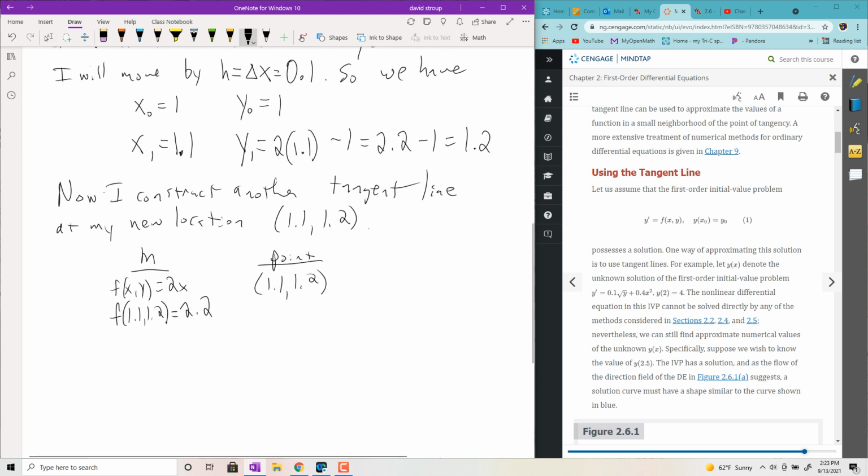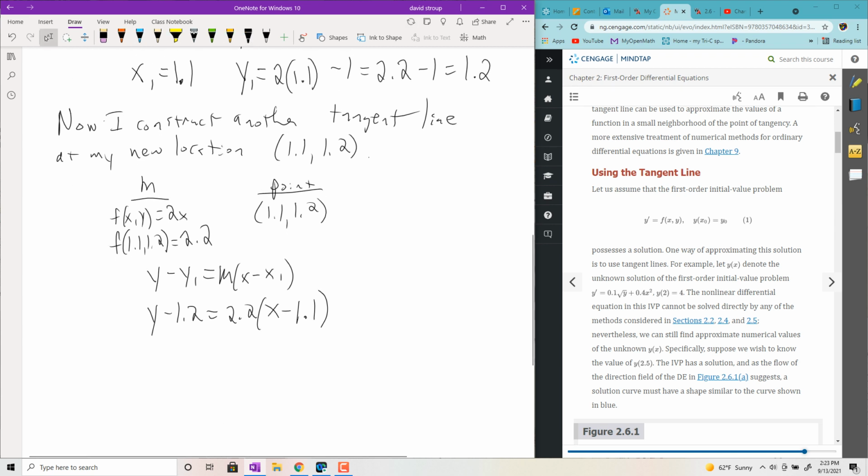And my equation from y minus y1 equals m times x minus x1. I go y minus 1.2 equals 2.2 times x minus 1.1. And from there I can form my new equation, right?